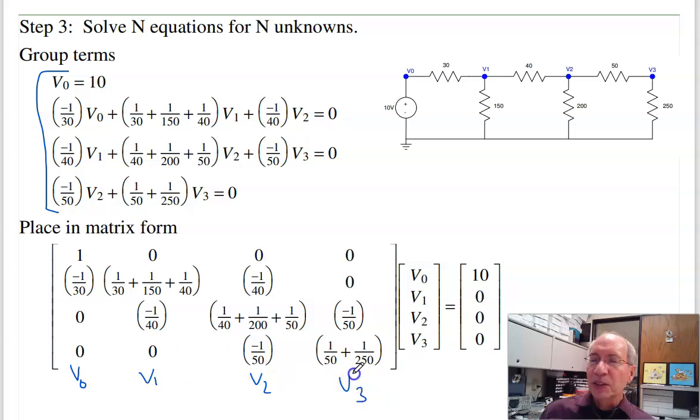Second equation, minus 1/30th B0, plus this mess times B1, minus 1/40 times B2 is 0. Third equation, minus 1/40 times B1, this mess times B2, minus 1/50 times B3 is 0, and so on.